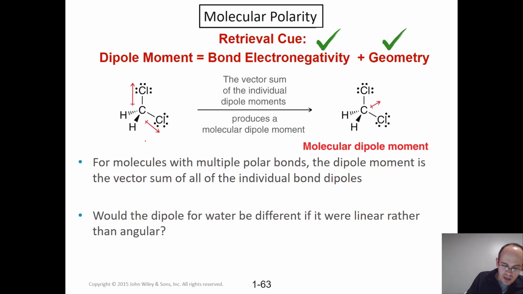So if you look at this molecule, we have two vectors that we need to sum. This is done in an incredibly qualitative way. Don't do this quantitatively. We're not doing the math associated with that. That's physics. We're doing organic chemistry. All we're doing is drawing an arrow that estimates the vector sum of these two arrows.